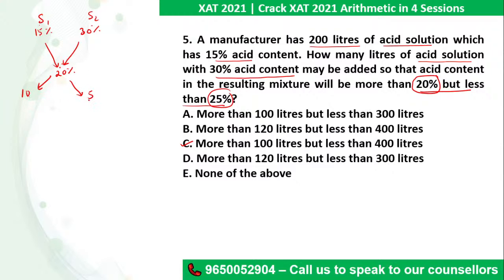So it should be in the ratio of 10 is to 5, or 2 is to 1. This is the ratio W1, W2. So if this is 200, can we say this should be 100? So in one case, the amount of S2 is 100 liters.